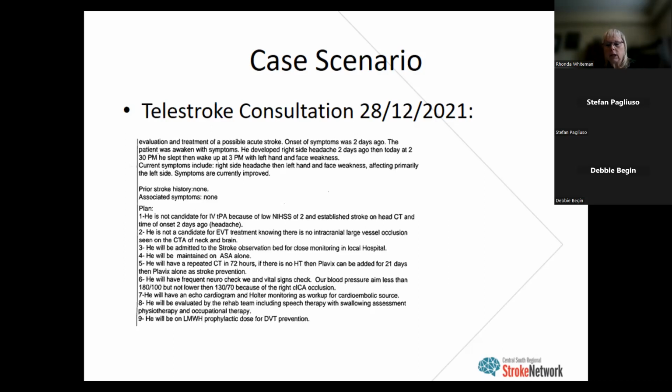An established infarct, so very clearly showing areas of ischemia in the brain, often indicates to the physician and the radiologist that the stroke happened a number of days or hours before. As we said, it can take time to come up. And the patient had a headache 2 days ago. Then it goes through and talks about some of the care and management this patient would go through.